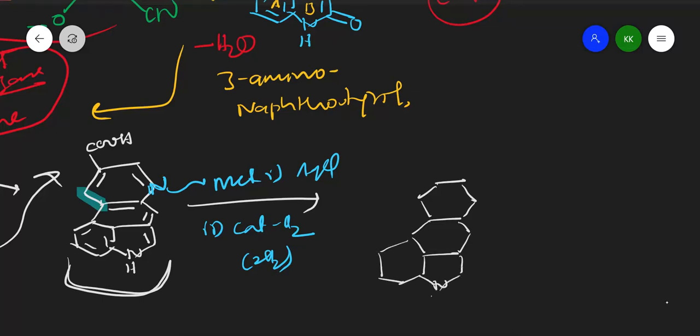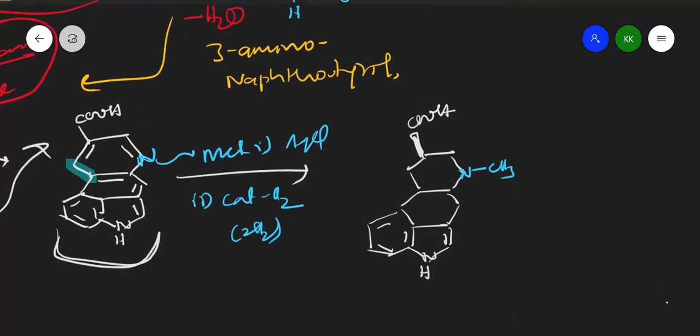Here we have NH. All right, and these two double bonds will go, and here this COH is above the plane. Let me show. Right, COH we will get, and here we have this nitrogen now attached to a CH3 group. This is the thing we will get.